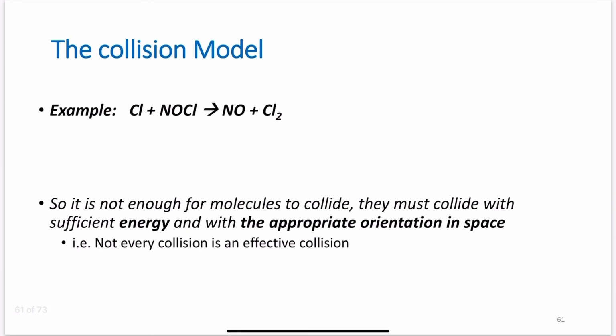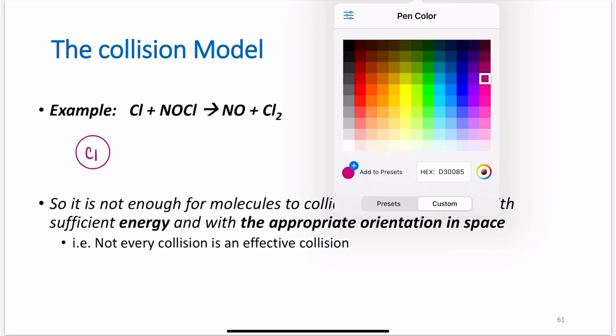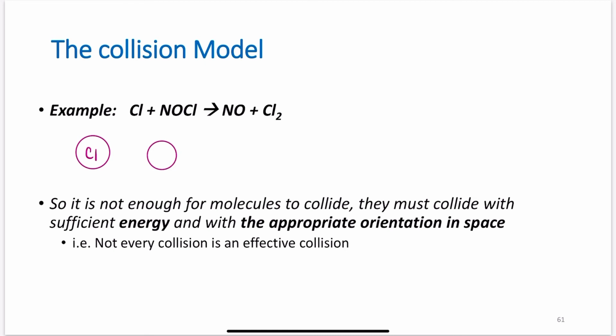So another example, very similar to the one we just looked at: Cl plus NOCl, giving me NO plus Cl2. I've got Cl coming in with Cl bound to an N, bound to an O. When these two come to each other, the chlorines are oriented in the right way.